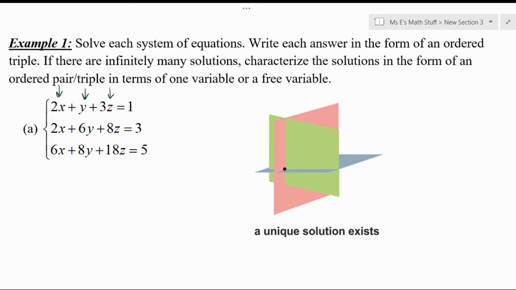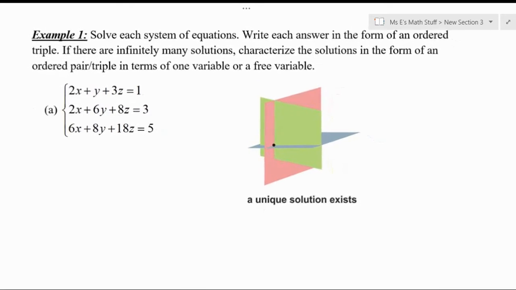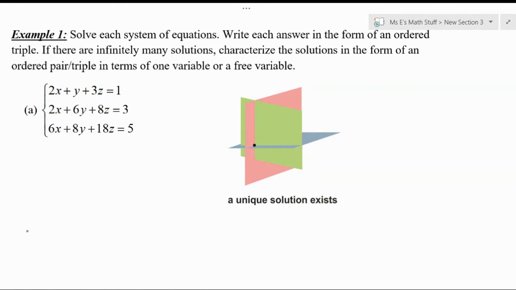For that reason, I personally would strategically go for eliminating x's, just because it looks like the least amount of work. So let me get started on that. I would do the opposite of row 1, so that would be negative 2x minus y minus 3z equals negative 1.